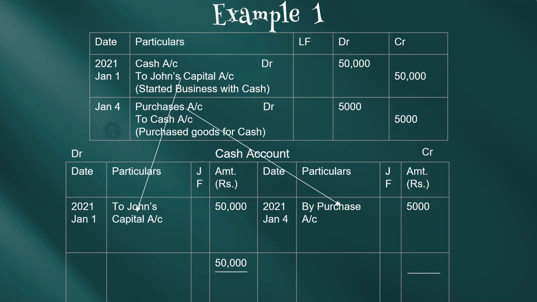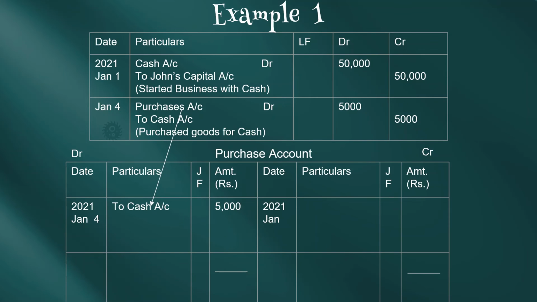First I put the total of the debit side, and the same total I write on the credit side, and then any entries on the credit side I subtract from this total. I have 50,000 and I have spent 5,000 for purchasing goods. When I subtract, the remaining will be the balance. When we write by balance carried down, we put the last date of the month. When you write balance carried down, on the opposite side you write the balance brought down.